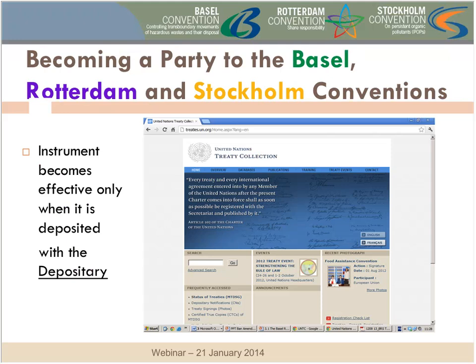I must underline here that the instrument does become effective only when it's deposited with the depository. This is a step that does cause a lot of delays on a frequent basis, because we often receive, as the Secretariat, the instruments, which we then transmit by email to the depository as information, but that does not amount to a deposit of the instrument.